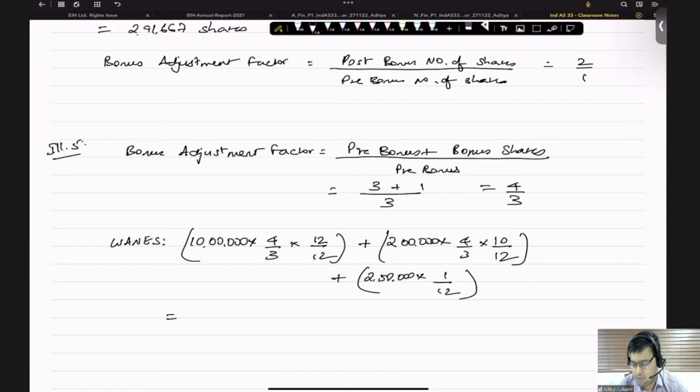So that comes to how much? You can just calculate. 10 lakhs into 4 by 3, 1,33,333 plus 2 lakhs into 4 by 3.